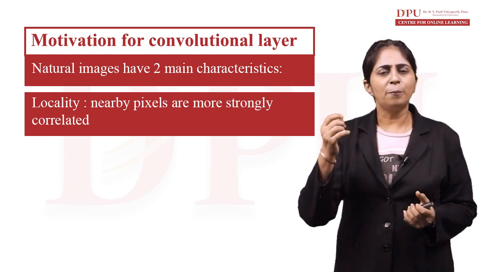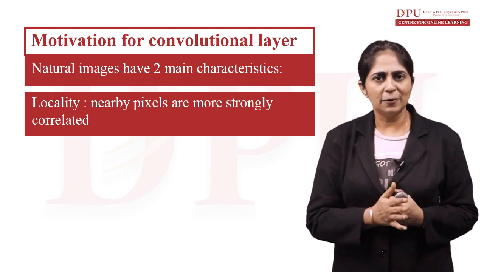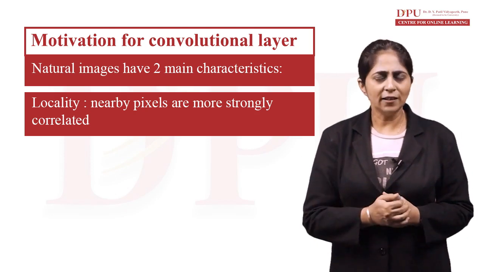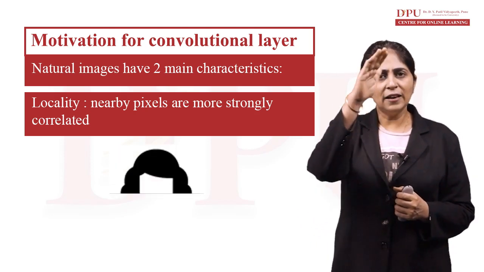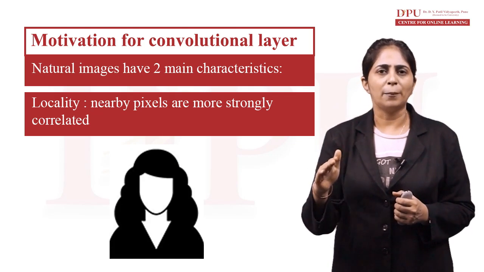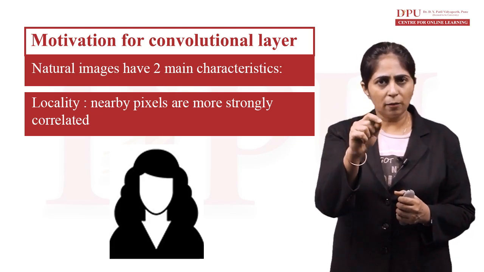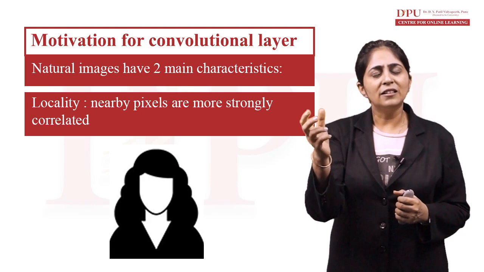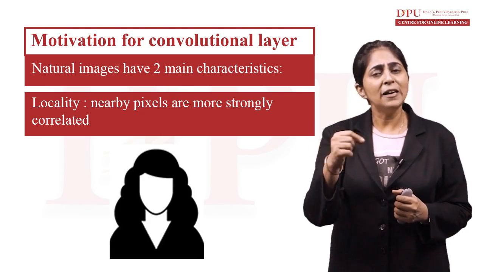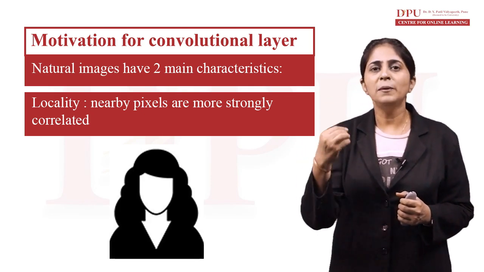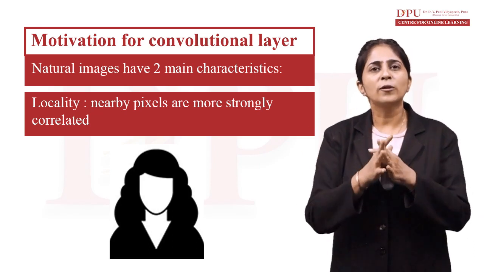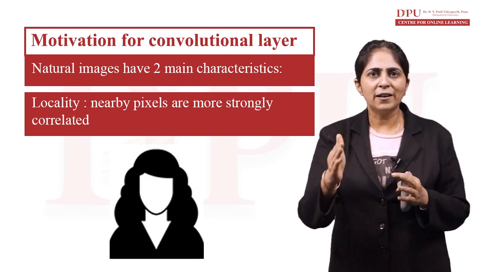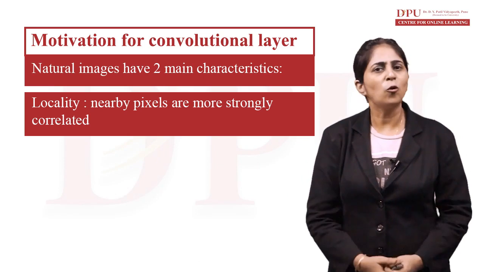If an image of a person is being shown to our CNN, and the hair of that person is coming, then if one pixel is black colored there, another pixel may also be black. The next pixel may also be black. This is called locality. That means nearby pixels are more strongly correlated.